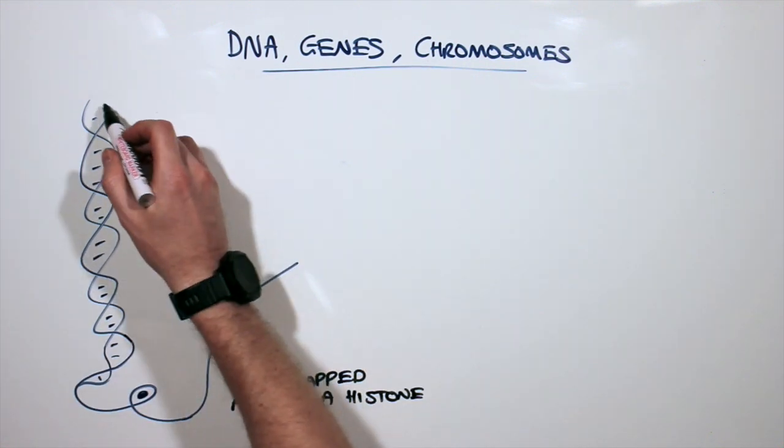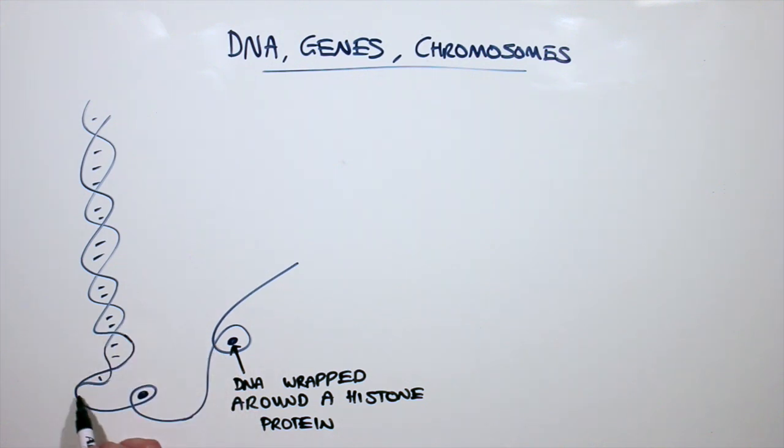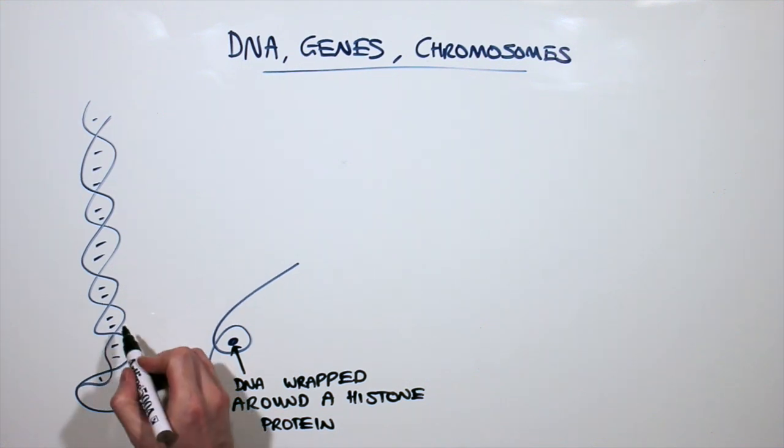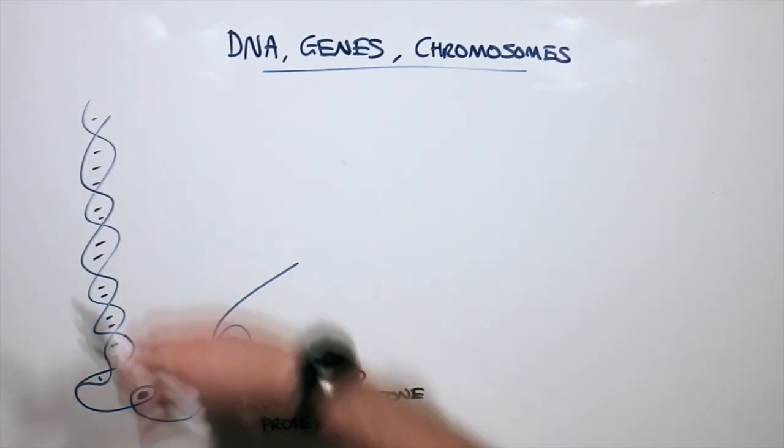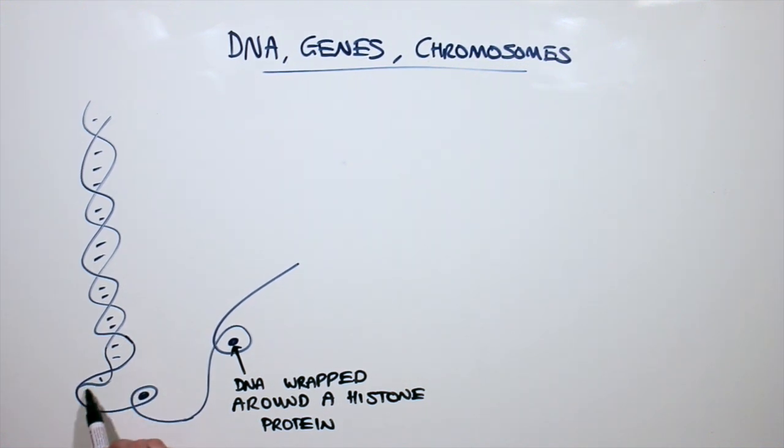So as you can see here, I've taken my double helix, and hopefully you can see that I've sort of zoomed out a little bit. So instead of seeing a double helix, I can just see a single line, which still represents the double helix, but sort of from a more zoomed out version. Now what I'm actually going to do is, instead of just sort of squishing up my DNA, I'm going to wrap my DNA up around these special proteins called histone proteins.